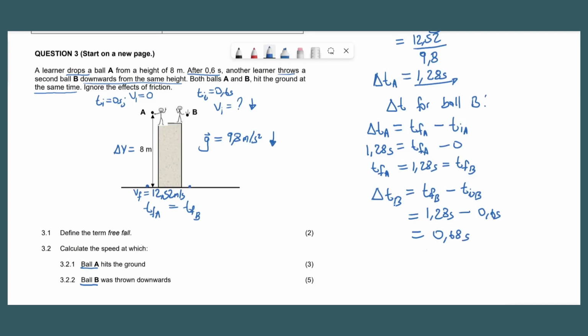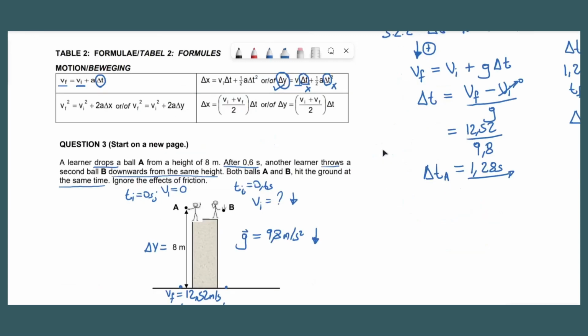And so that is going to be our change in time for ball B. Okay, and now this is great because we now also know the change in time of ball B, and we can then use the second equation of motion in order to calculate its initial velocity.